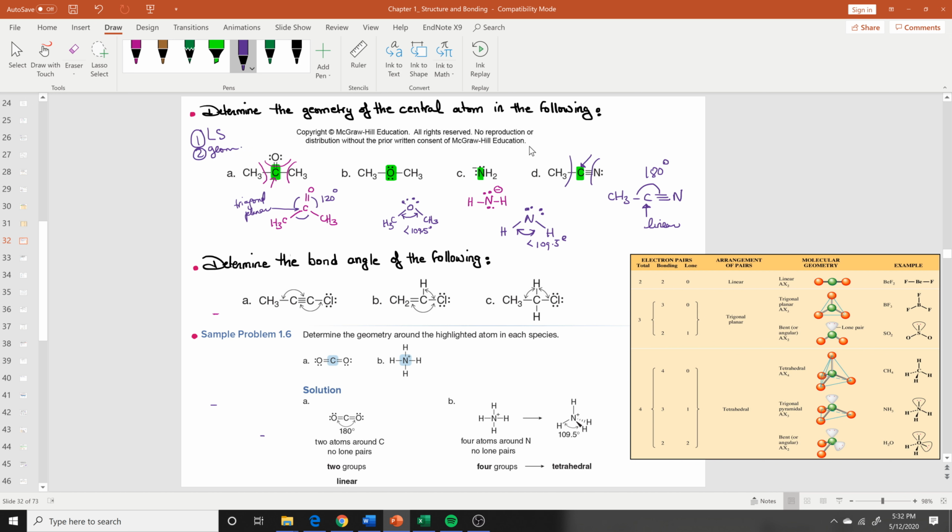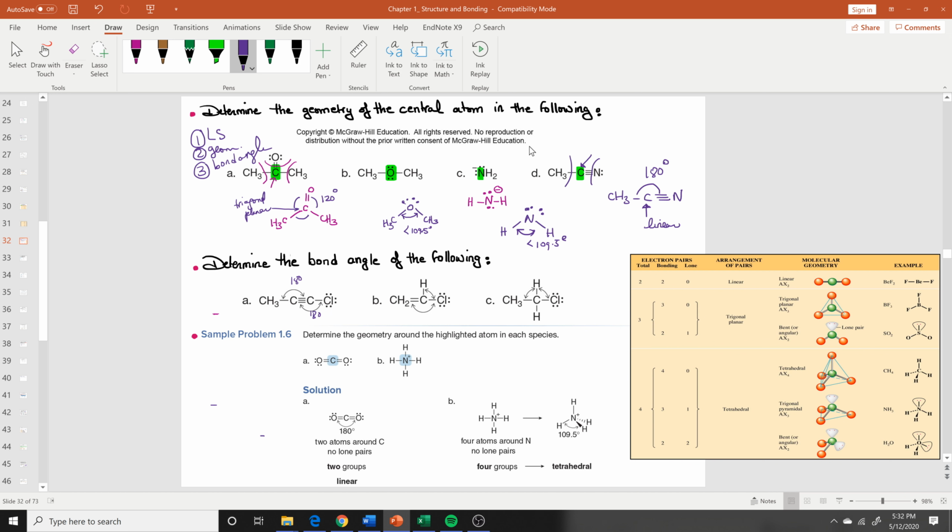And the third step, figure out the bond angle. So over here, with a triple bond, it has to be linear. This carbon and this carbon have a steric number of 2, so your geometry is linear, the shape is linear, and the bond angle is 180 degrees for each one of them.